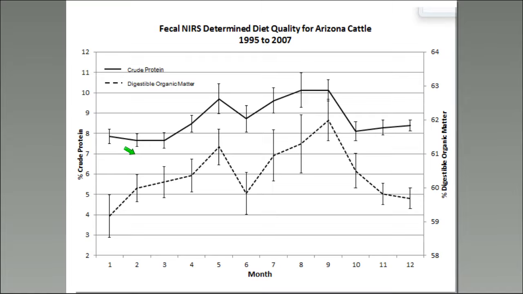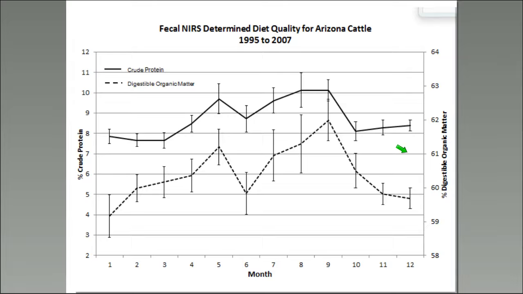Lower during the winter months, a spike in quality during the spring, early summer drought, and then the monsoon kicks in, and then we get quality and quantity through the late summer into the fall, and then we see it flatten back off as we go into the fall and the winter.